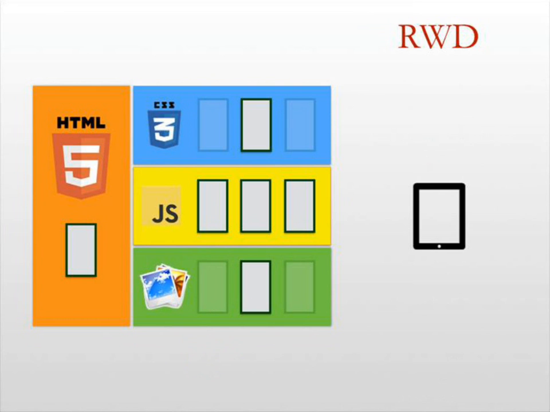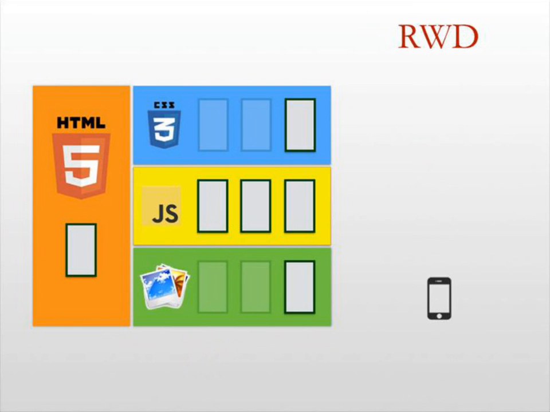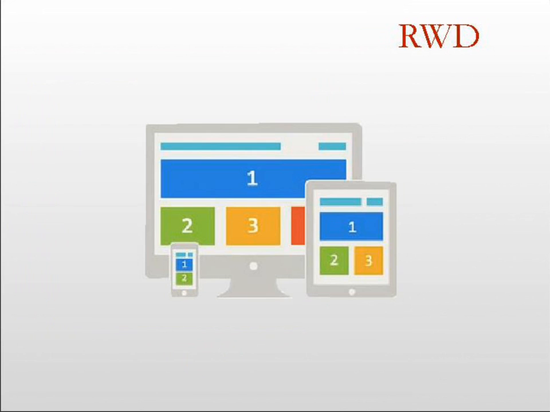So the idea usually is that we are serving one HTML file, always the same file, but on the CSS side and on the images side, we are just serving the files that match the current device. That's the idea, right? So that means that with the same HTML code, we can have the same content with different layouts on different devices.